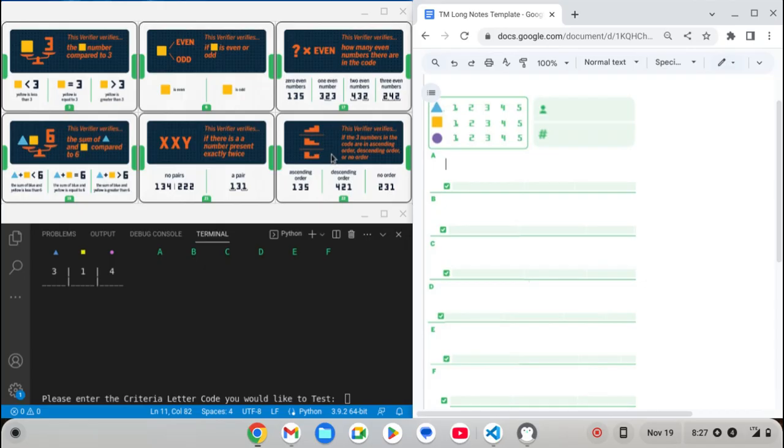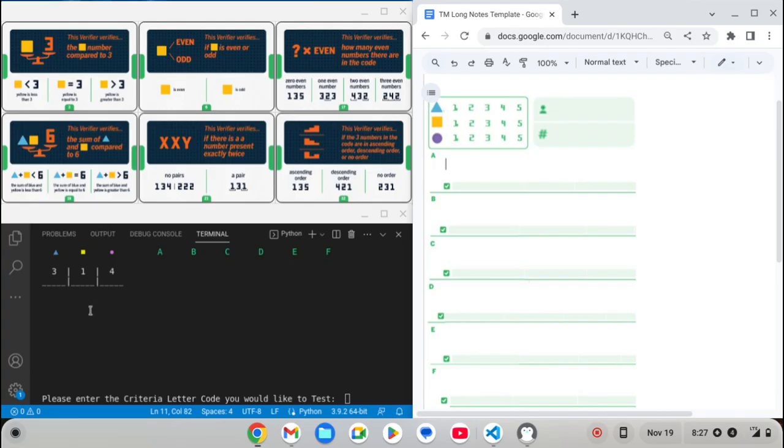It neither increases nor decreases. So that lack of change is another way to define a 3-digit code as having no order. And remember, the objective of today's puzzle is to find that unique 3-digit code that abides by all of the 6 criteria cards we just described.